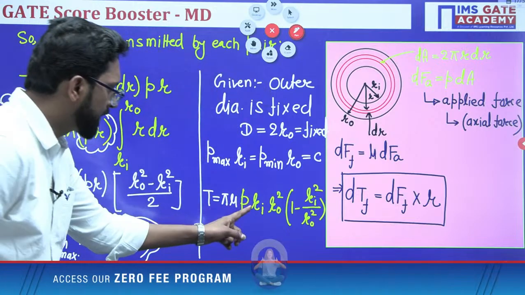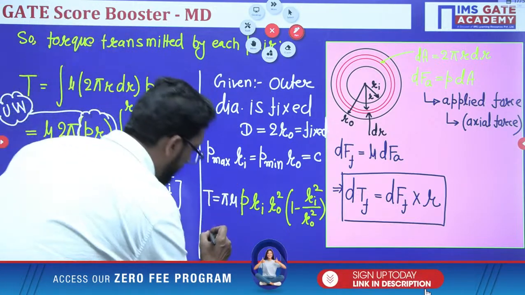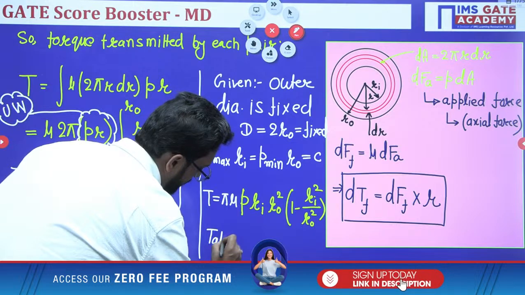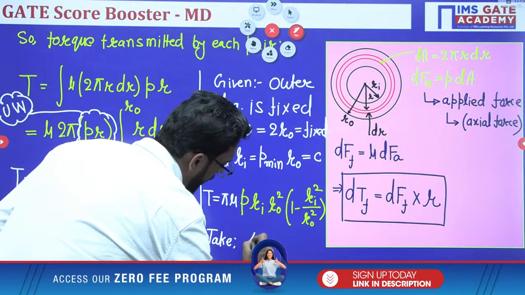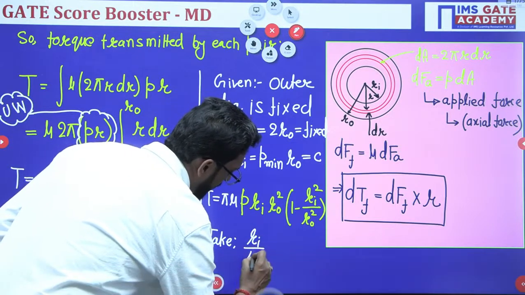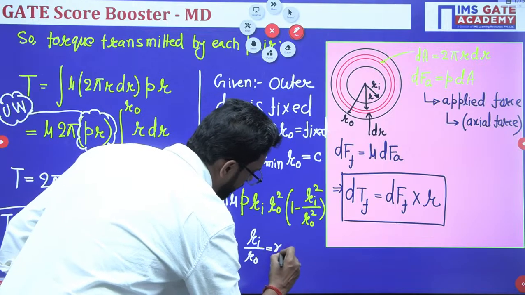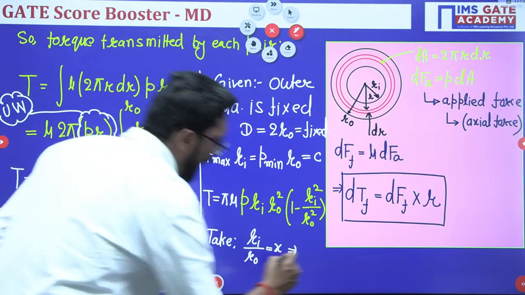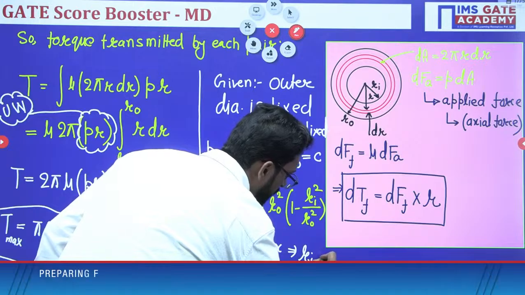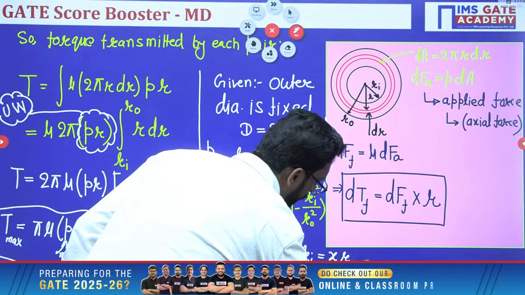Now my dear, let's suppose Ri by Ro is equal to X. So Ri is X into Ro.